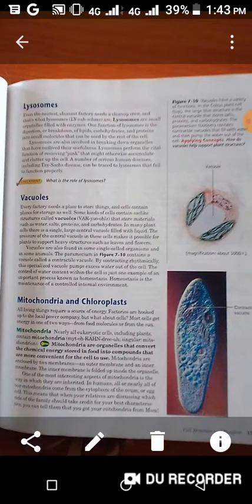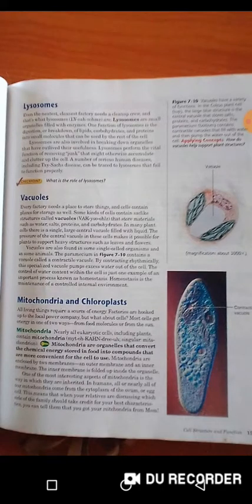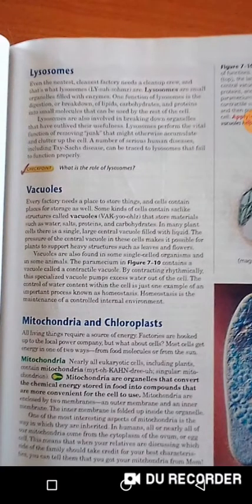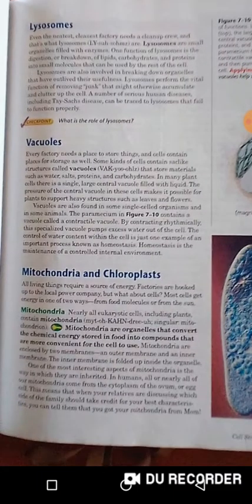Secondly, we have to see the functions of the parts of the cell. Then we have ribosomes. You read that we call them ribosomes. Then vacuole, mitochondria, and chloroplast.